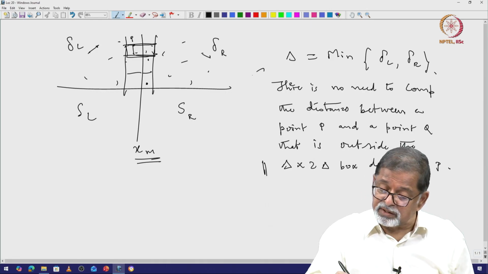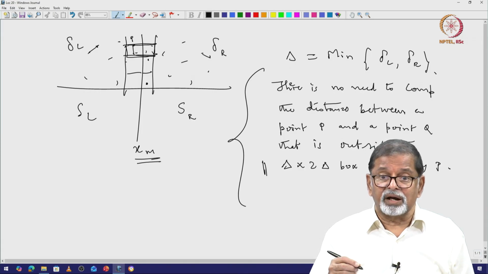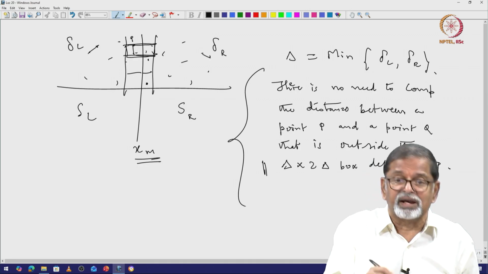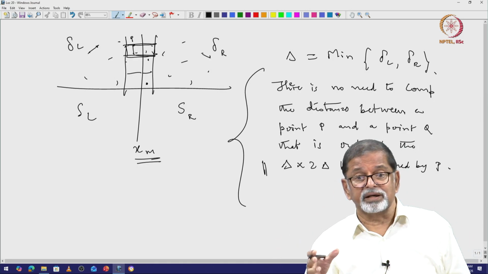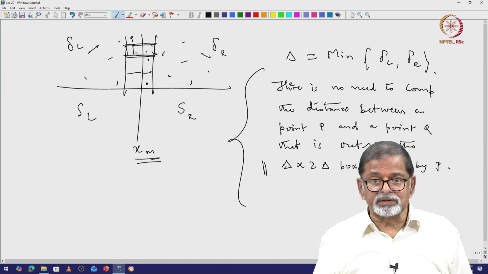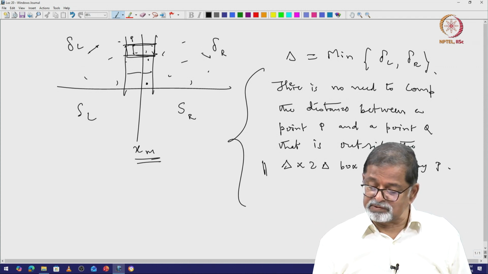This is very interesting. That is because you are going to have a maximum of 4 points on the left, 4 points on the right. P being the point we are considering, other than P there are going to be at most 7 points.